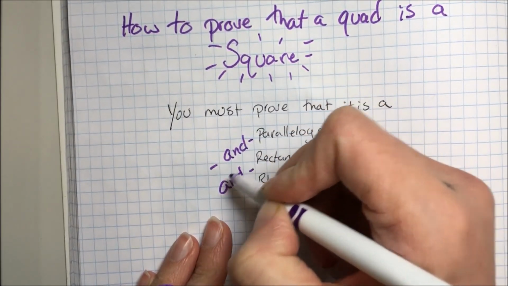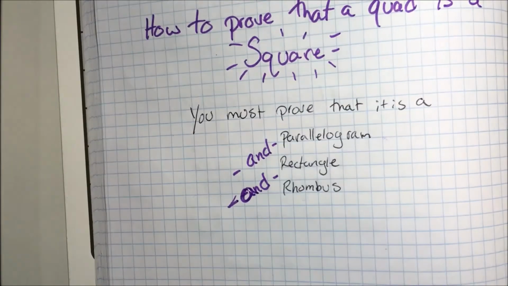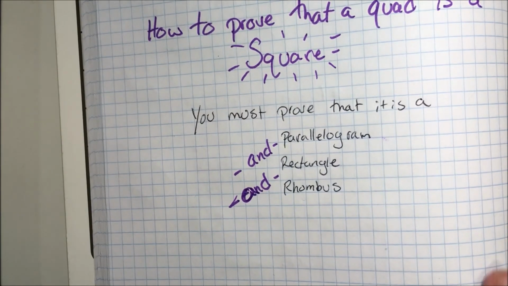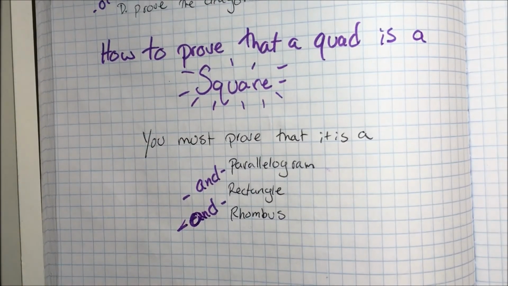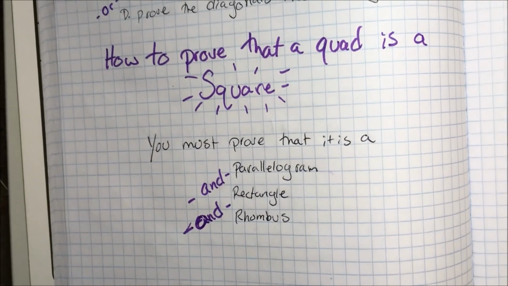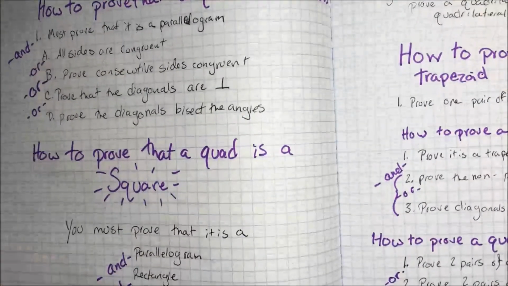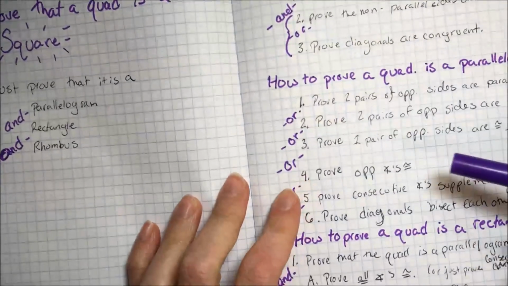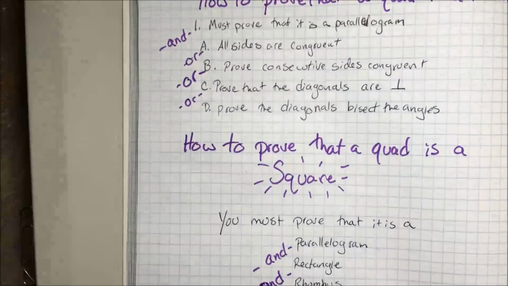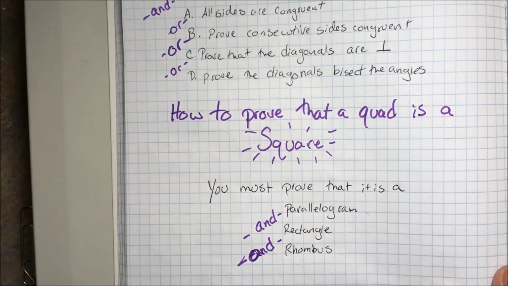So you have to do all 3 of these things. Let's scroll this up a little bit. All right. You have to prove all 3 of these things. So you have to go back and prove that it's a parallelogram, that it's a rectangle, and that it is a rhombus. And I finished that in under 15 minutes.